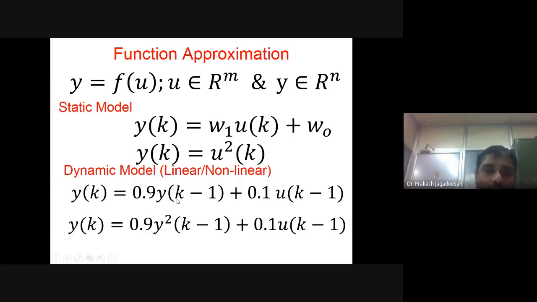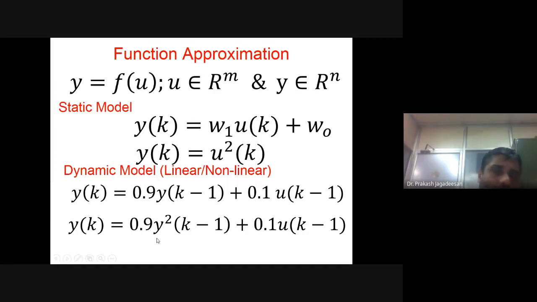So y is a function of y of k minus 1 and u of k minus 1. In the case of a dynamic model, here I would say it's a function of y squared of k minus 1 and u of k minus 1. So it could be linear or non-linear. Basically our interest is to determine the relationship between inputs and outputs.